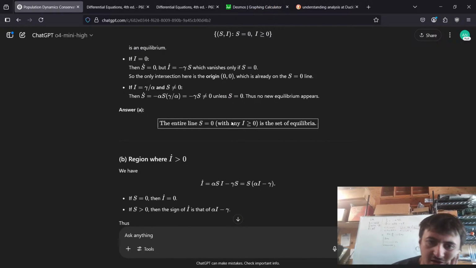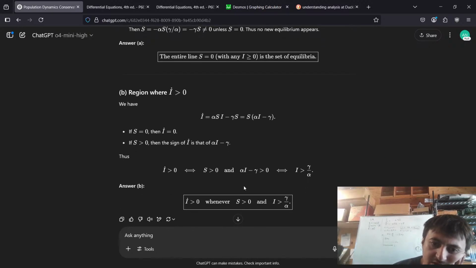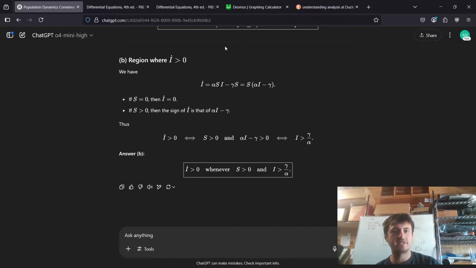Yeah, so the entire line of S. Okay, so we were right about that. I is greater than gamma over. Okay, cool. So we got it. That one was pretty easy.